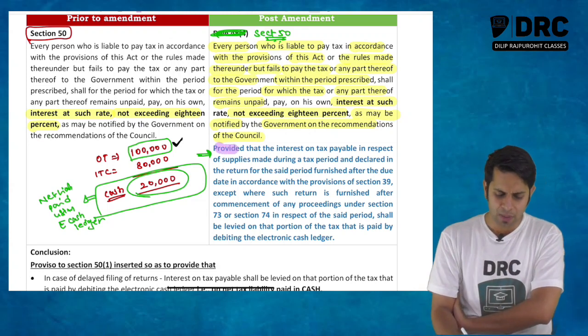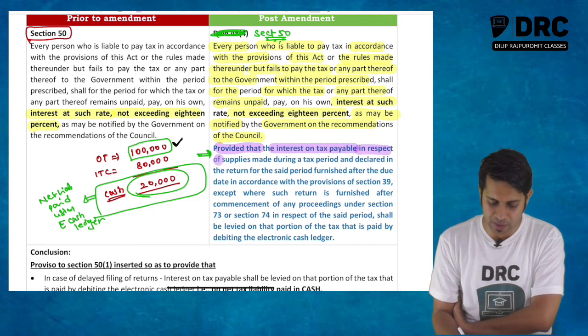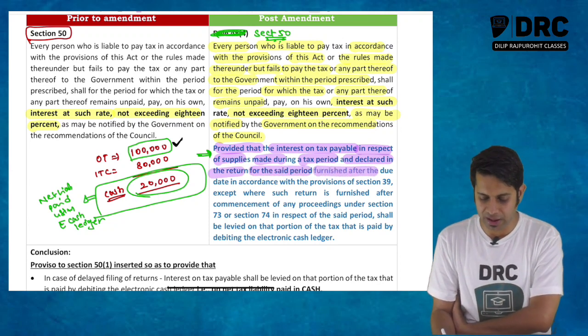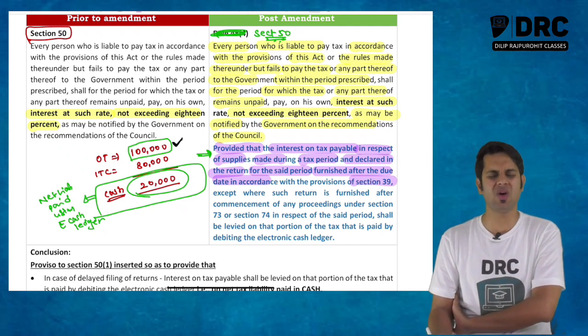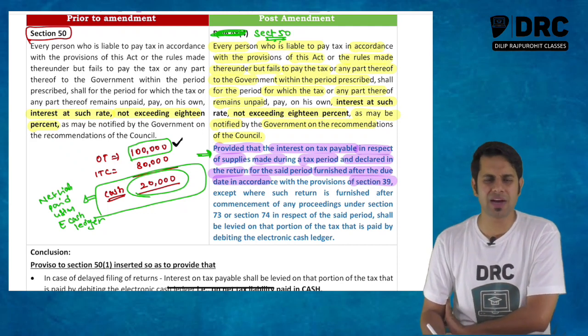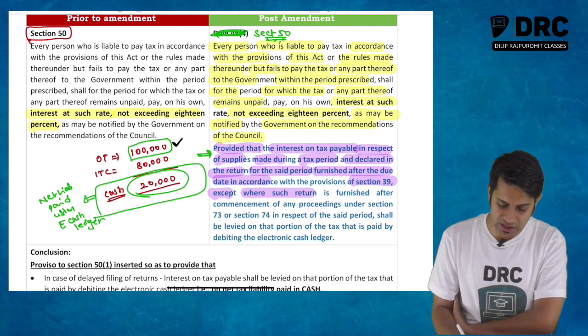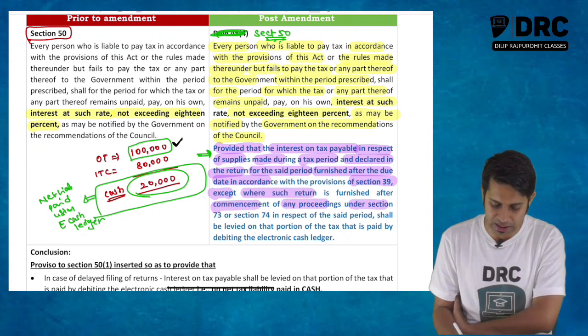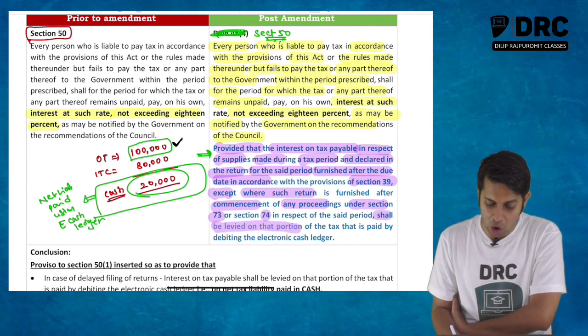The proviso is telling: provided that the interest on tax payable in respect of supplies made during a tax period and declared in the return for the said tax period furnished after the due date in accordance with the provisions of Section 39, Section 39 talks about normal returns, GSTR-3B, GSTR-4, etc., except where such return is furnished after the commencement of proceedings under Section 73 or Section 74 for the said period, shall be levied on that portion.